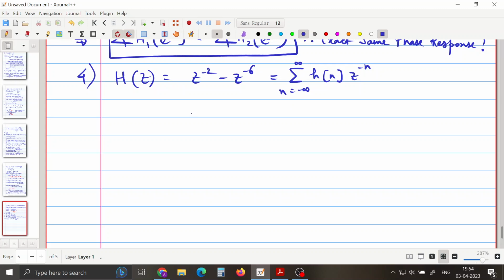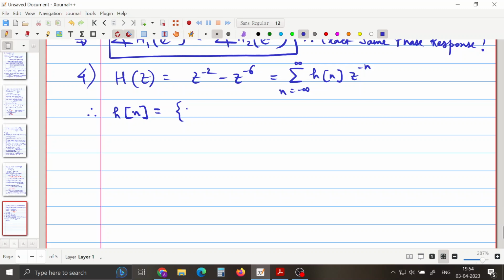So you can clearly write down the impulse response h of n by looking at the Z transform expression. It's an FIR filter, right? So there would be only 2 non-zero indices corresponding to n equals 2 and n equals 6.